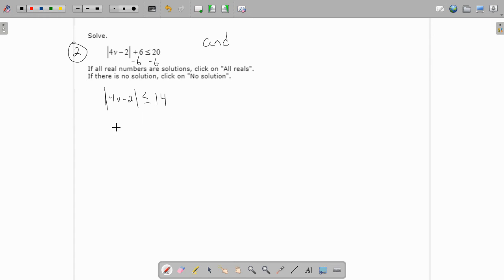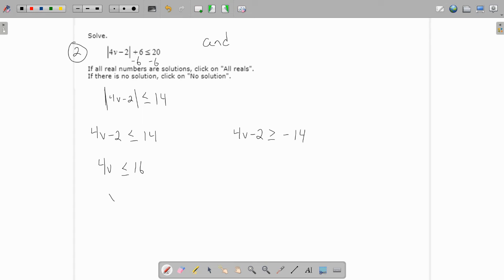Now make your two equations, always two equations. 4v minus 2 is less than or equal to 14. 4v minus 2 is greater than or equal to negative 14. So add 2 to both sides.